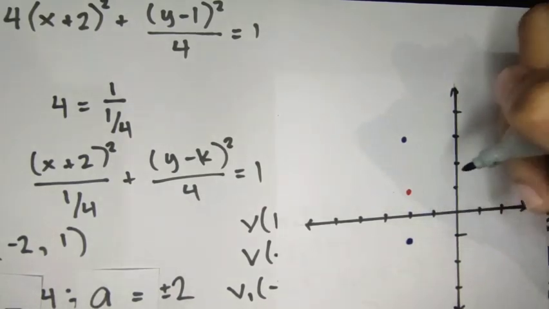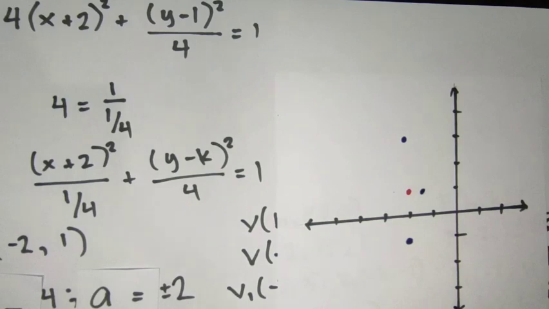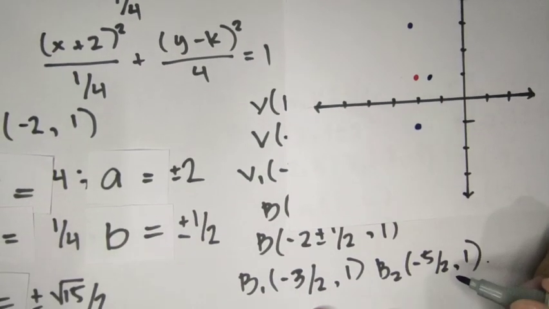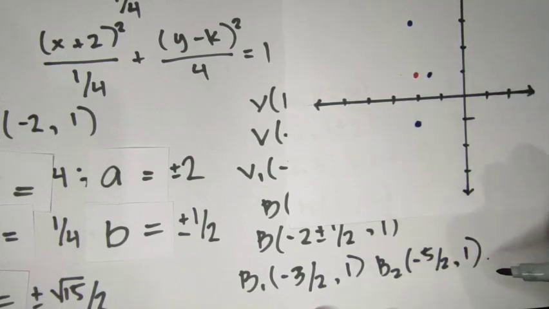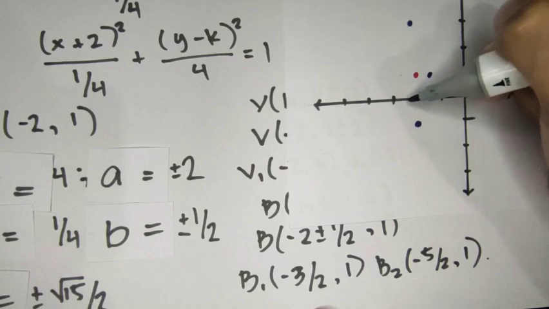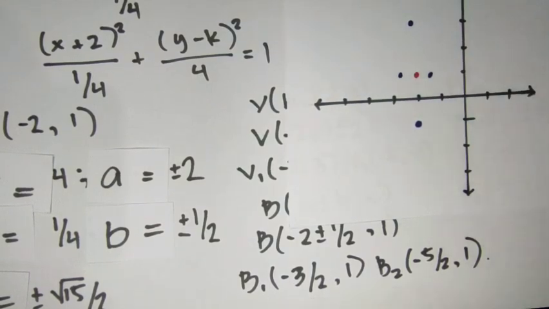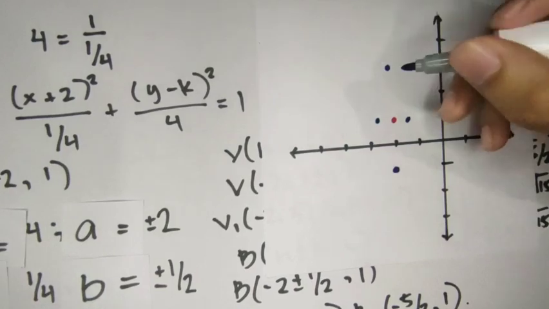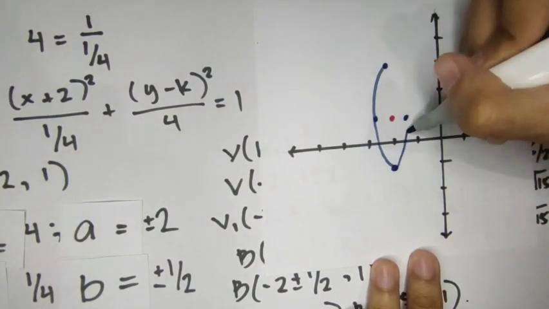For our co-vertices, it will be right here and negative 5 halves, comma 1. It will be somewhere between 2 and 3 here. Let's just connect these points, making it an elliptical shape.